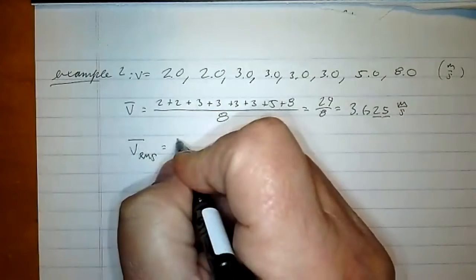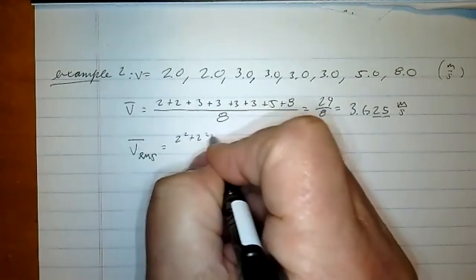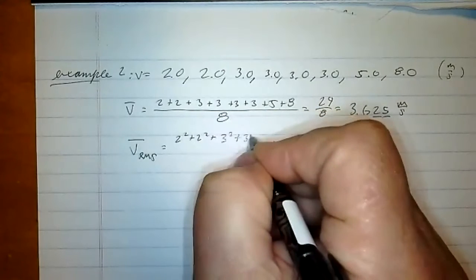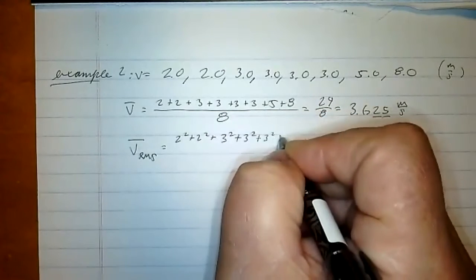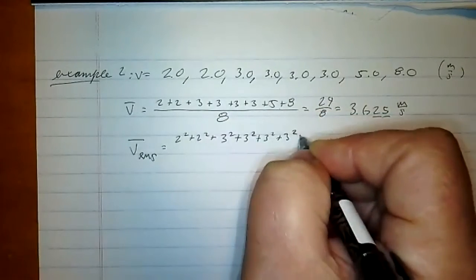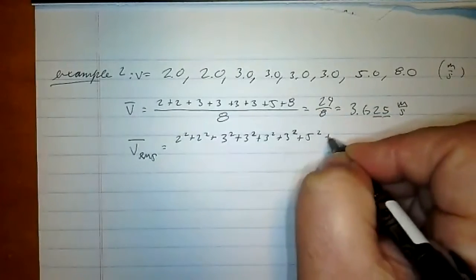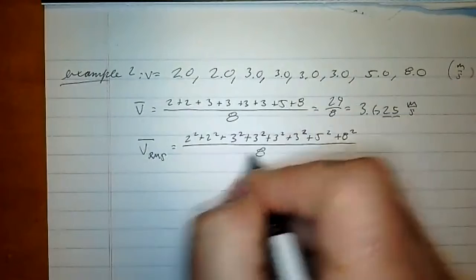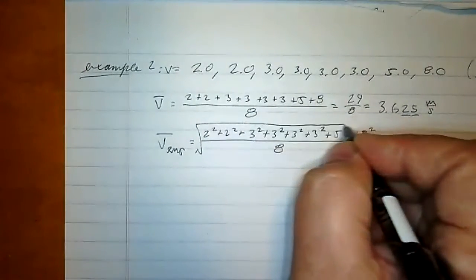The root mean square would be 2 squared plus 2 squared plus 3 squared plus 3 squared plus 3 squared plus 3 squared plus 5 squared plus 8 squared, and all of that divided by 8, but then you take the square root.